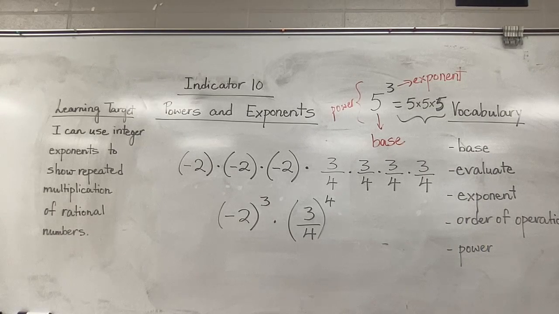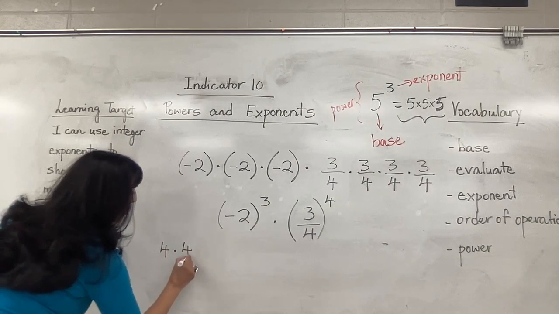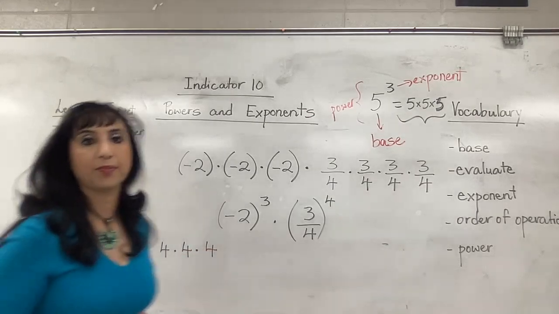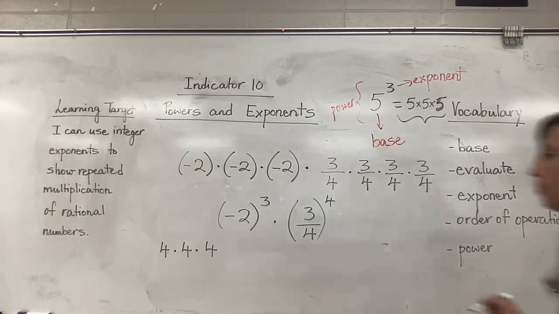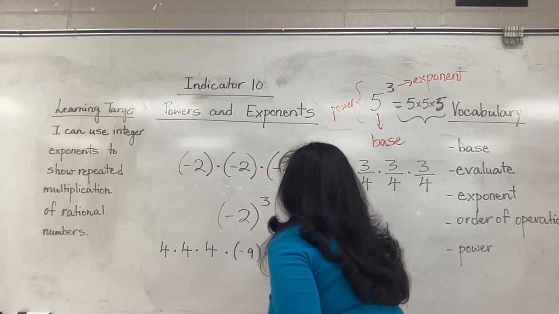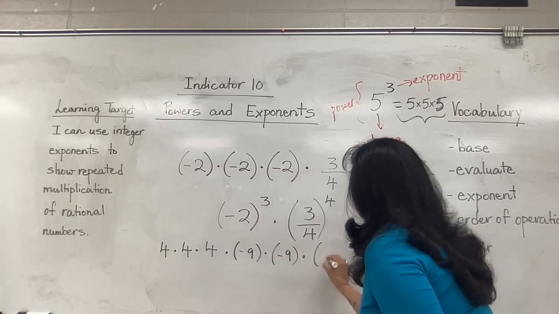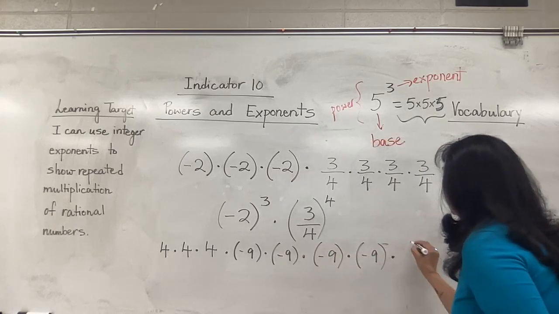Let's do one. Writing numerical expressions as a power. So let's say I had another example: 4 times 4 times 4, and then I have times -9 times -9 times -9 times -9 times -9.